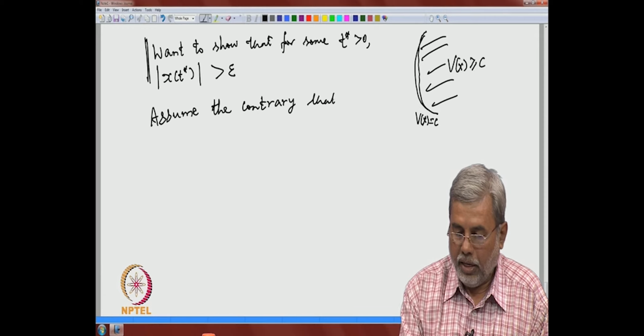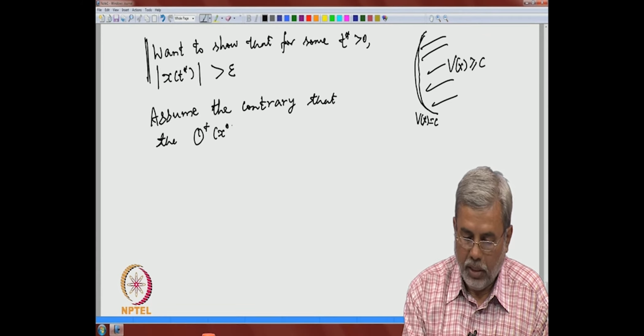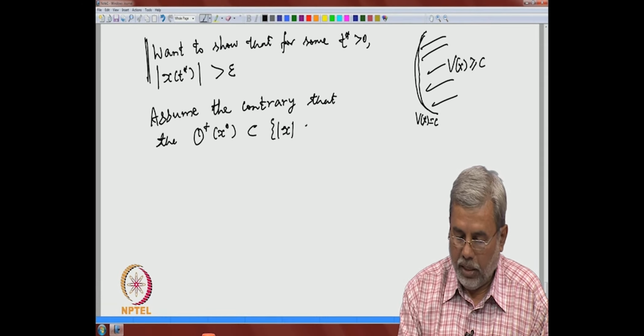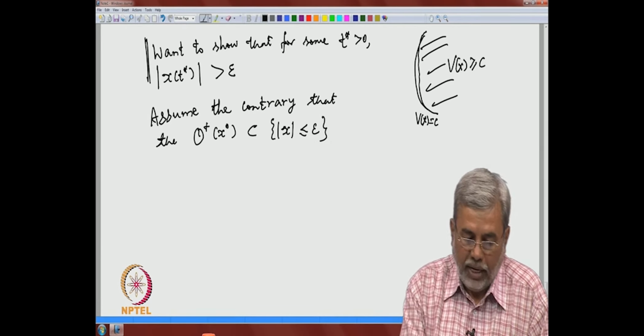That the orbit, the positive orbit starting at x 0, is contained in this x less than or equal to epsilon. Assume that. I already know that.